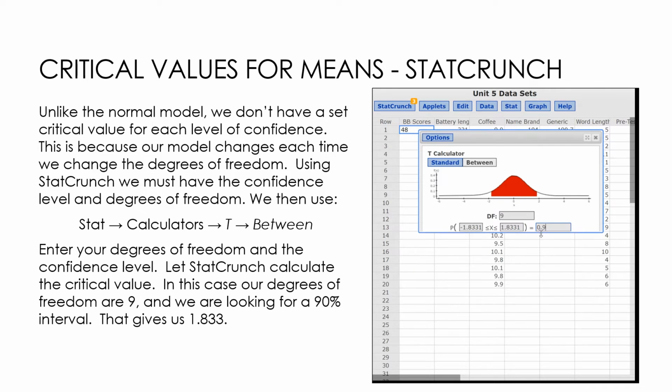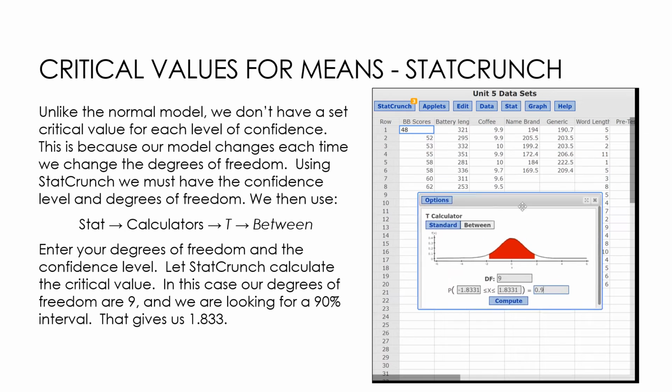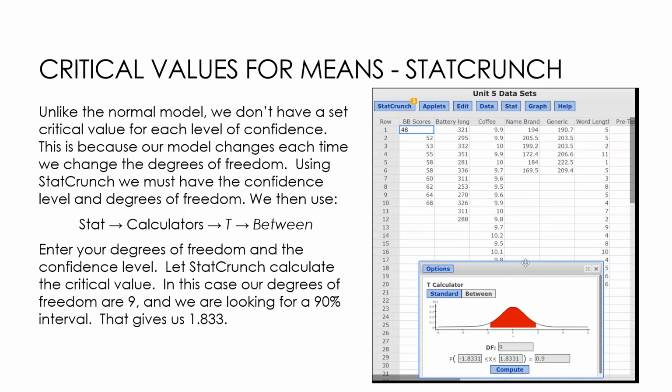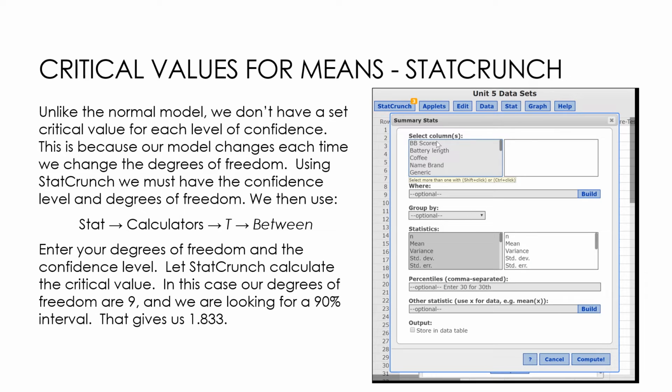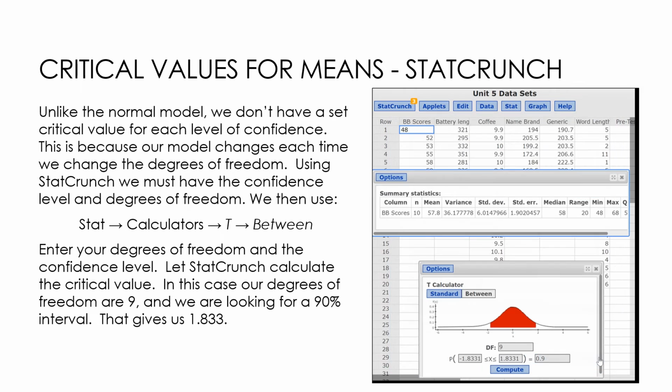Now before I move on to the next slide where we actually create this interval, I want to also show you how to find the summary statistics, which again, we've done before, but I'm going to need to know the mean and the standard deviation of my data, and that's not given to me. I'm only given data. So I'm going to go to Stat, Summary Stats, and Columns because my values are in a column, and I'm going to choose Basketball Scores and click Compute.